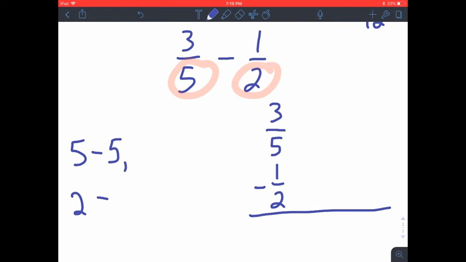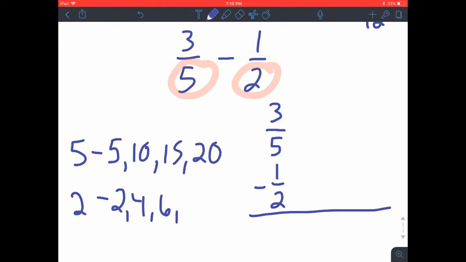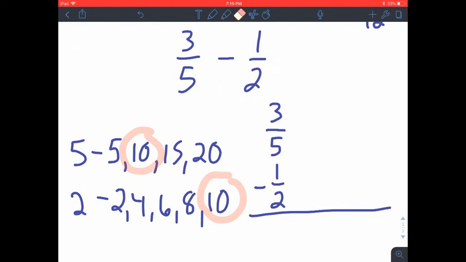So 5, 10, 15, 20, and then I'm going to count by 2s. 2, 4, 6, 8, 10. Notice that my 10s are the lowest ones that I have in common, right? So now it's time for me to set it up. So multiplication sign, dash, equals sign, dash. Multiplication sign, dash, equals sign, dash. And then I'm going to write down my 10s.